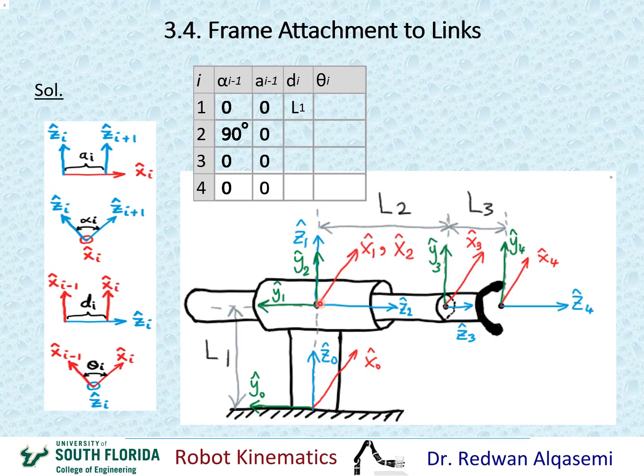But remember, as soon as joint 2 starts moving, frame 2 will move along with it, which means that x2 will depart from x1. That point becomes further and further away from x1. So that distance between x1 and x2 along z2 is a variable, and that variable changes as we change the value for joint 2, which is a prismatic joint. So I'm going to put this as d2, which is the variable for the prismatic joint. So I'll put it here as d2.